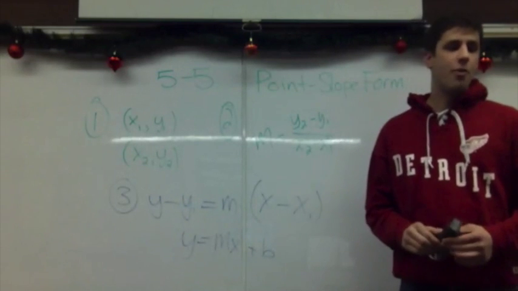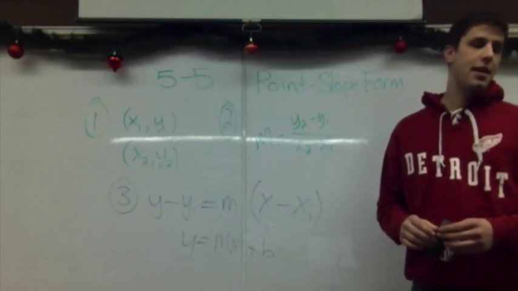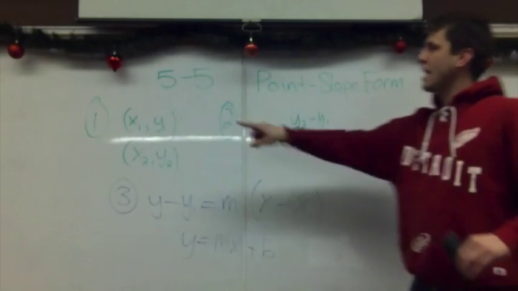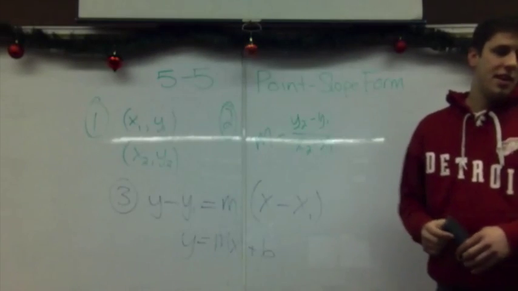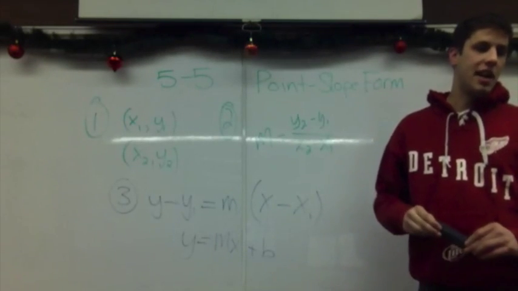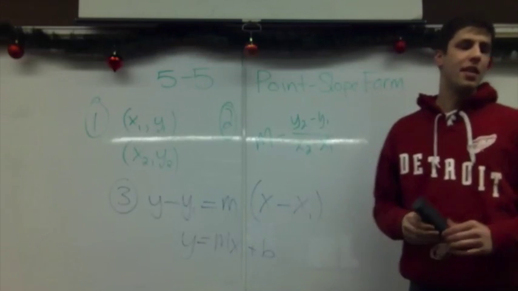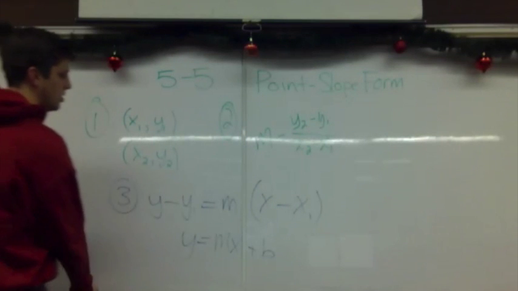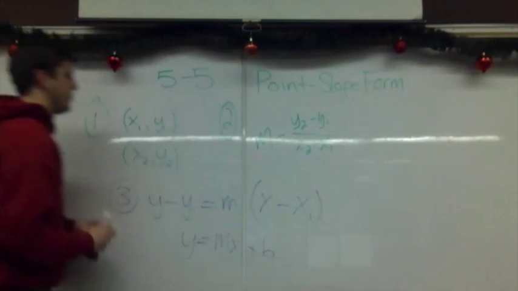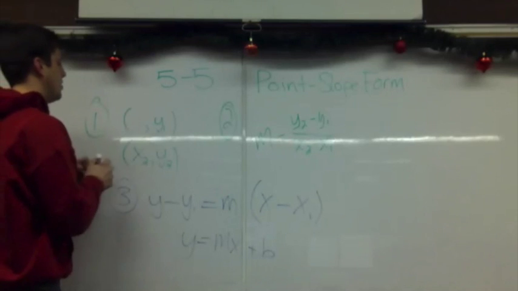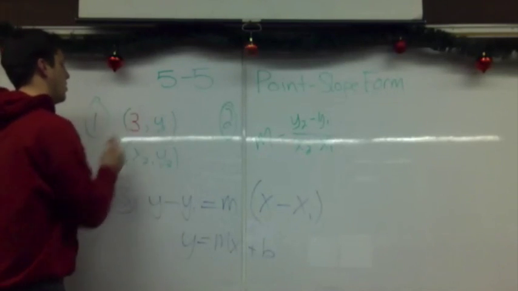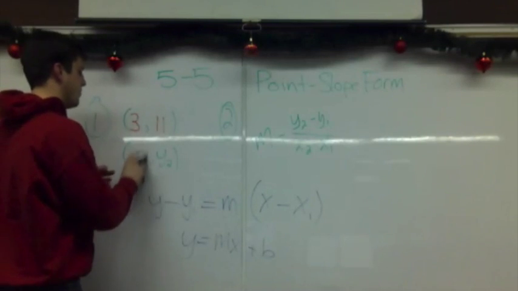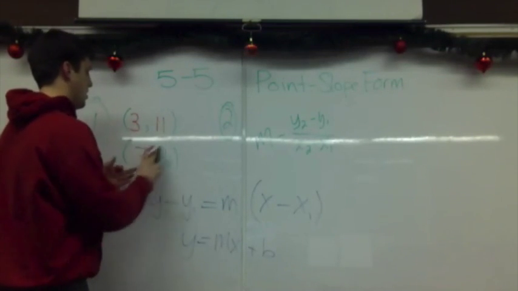All right, so now for the example that I have written there, I'm going to go through this and I'm going to substitute numbers in for your x1, y1, x2, y2. And the numbers that I gave were 3 and 11, and then 7 and 19. So you got 3, 11, 7, and 19.